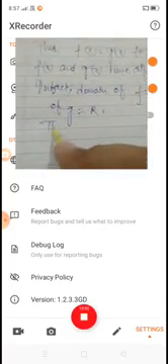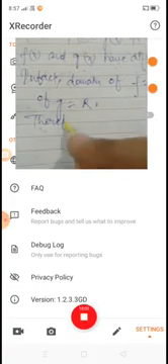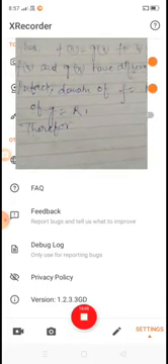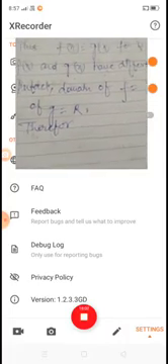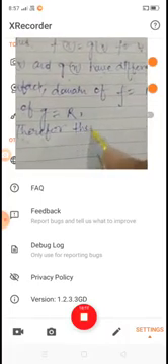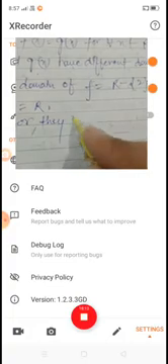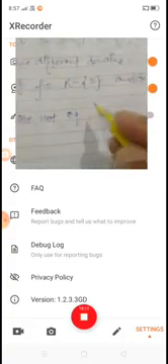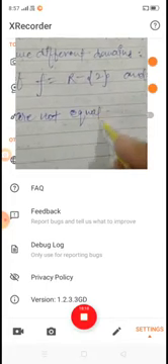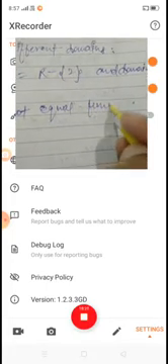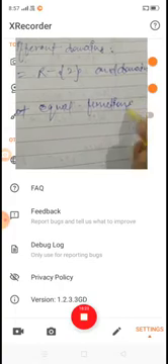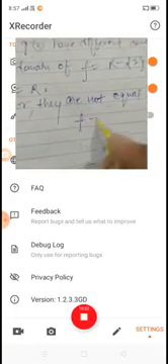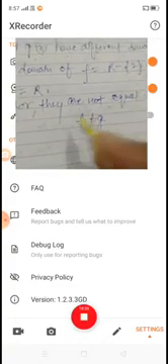Therefore they are not equal functions, and hence we can write f is not equal to g.